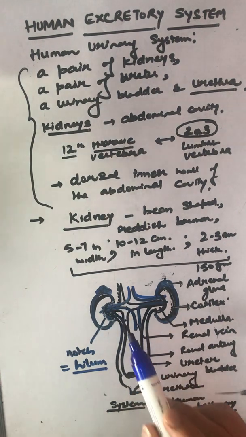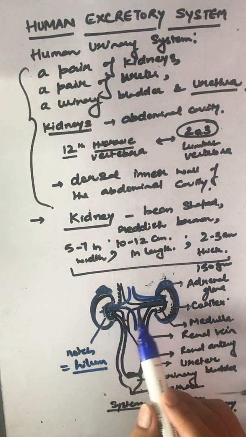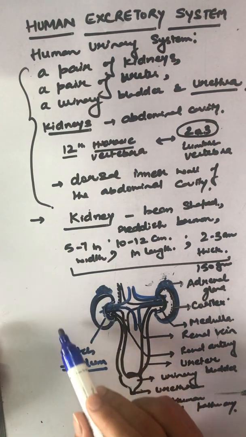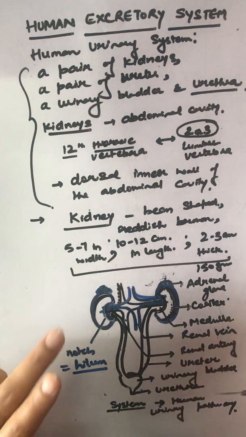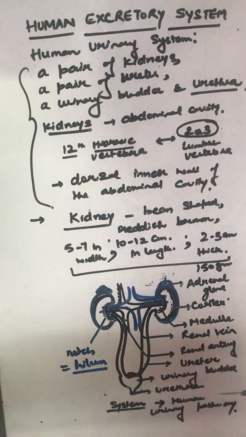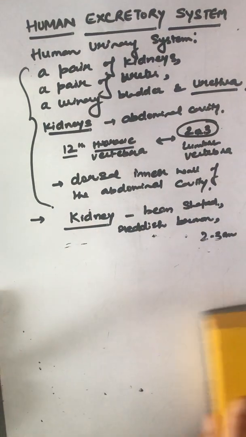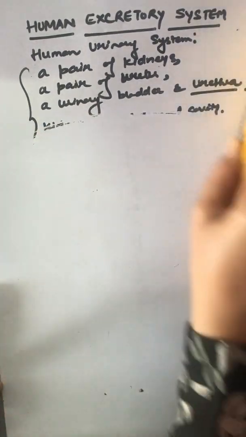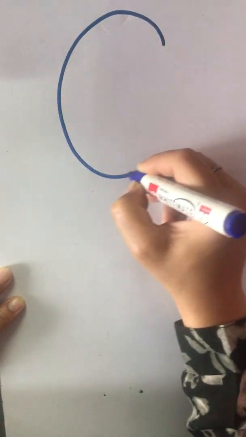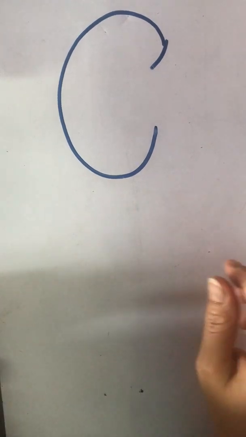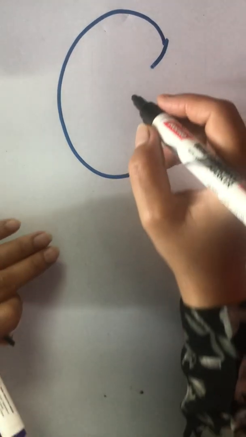Now inner to the hilum, at this hilum region, is a funnel shaped space called the renal pelvis with projections. I am drawing that structure now. This is the structure that we are talking about.